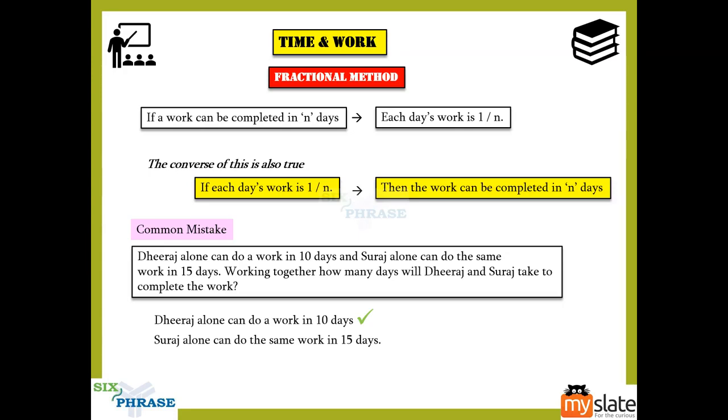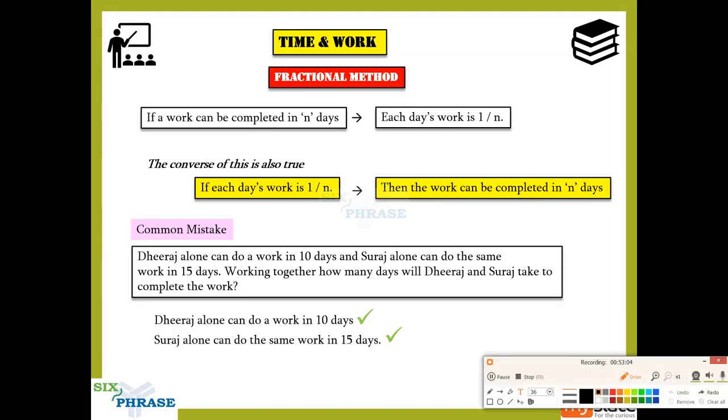Now you tell me, I'm going to ask you a basic question. It is the same work. Dheeraj is taking 10 days. Suraj is taking 15 days. Who do you think is more efficient at doing this work, guys? Is it Dheeraj or Suraj?